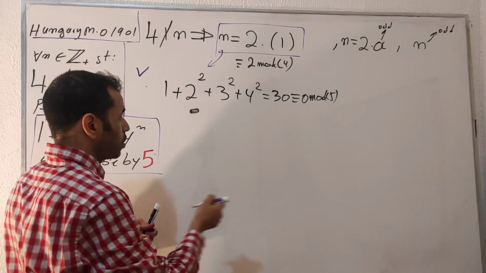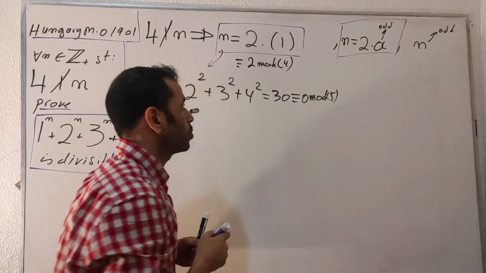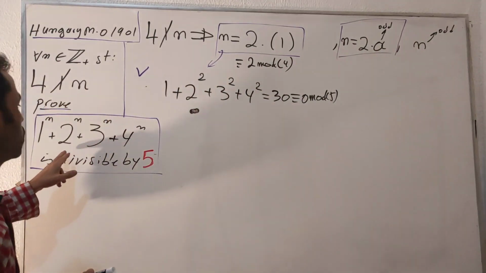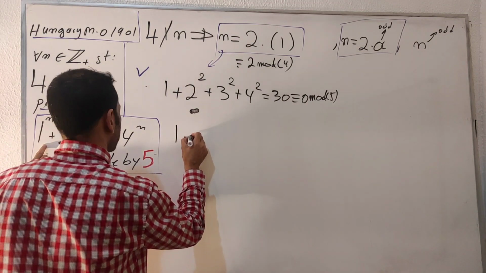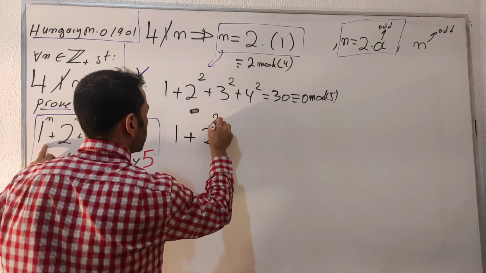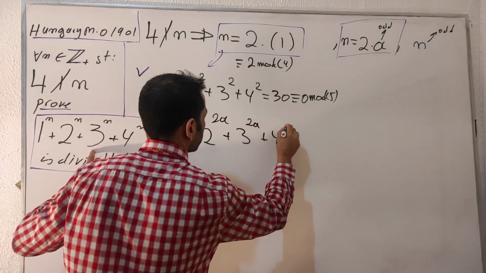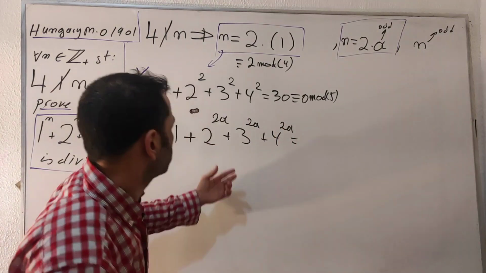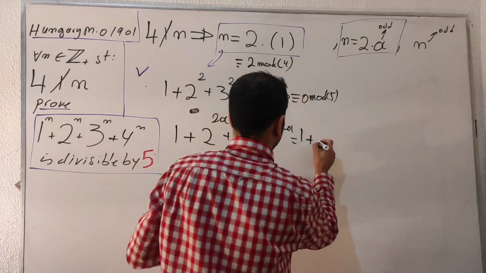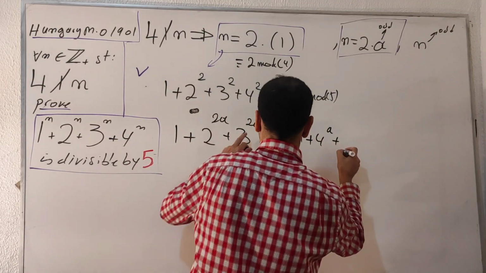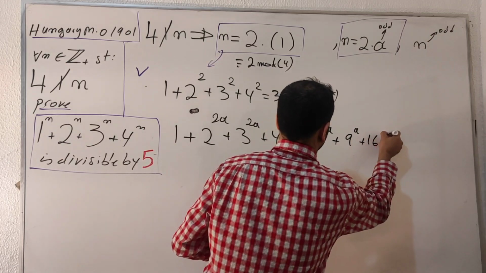Let's check this one now. I'm doing the same thing, replacing this into here. So I get 1, which always stays 1, plus 2 to the 2a, plus 3 to the 2a, plus 4 to the 2a. Let's make some changes. This one gives us 1 plus 4 to the a, this one gives us 9 to the a, and this one gives us 16 to the a.